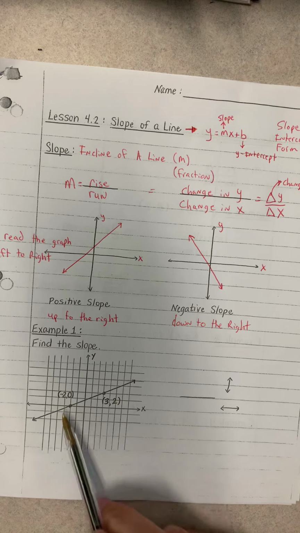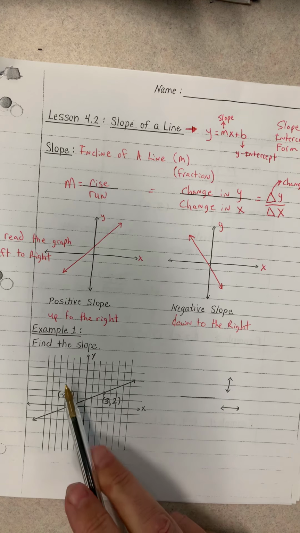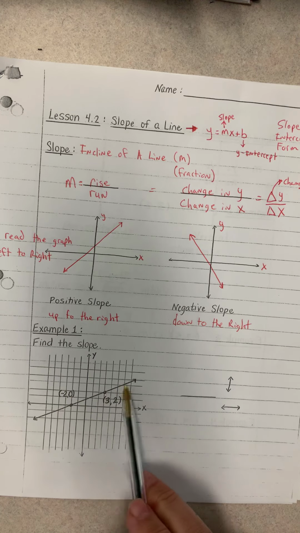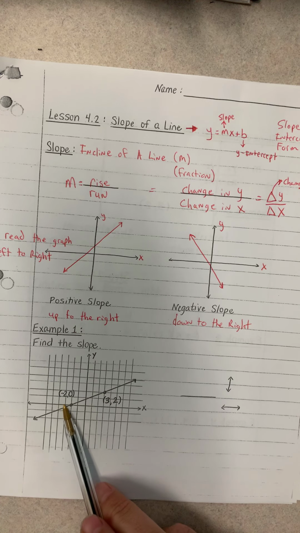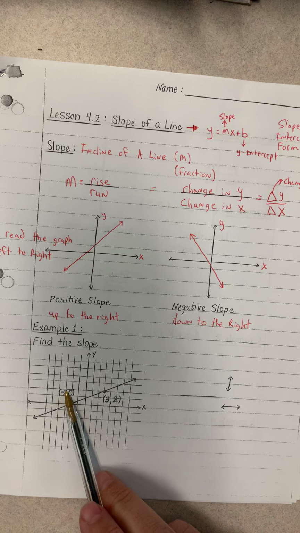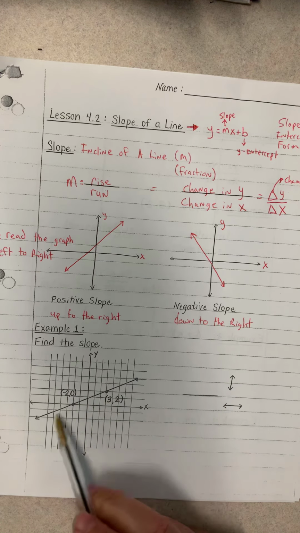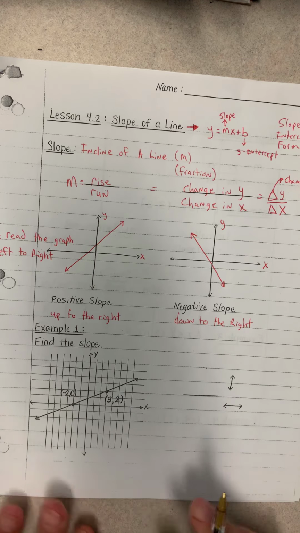Here we've got a graph of a line, and we are going to find the slope. We are going to find the rate of change. We're going to find the incline. We're going to find out how fast this line goes up and divide it by how fast it goes over, and that's going to tell me the slope or the incline of that line.